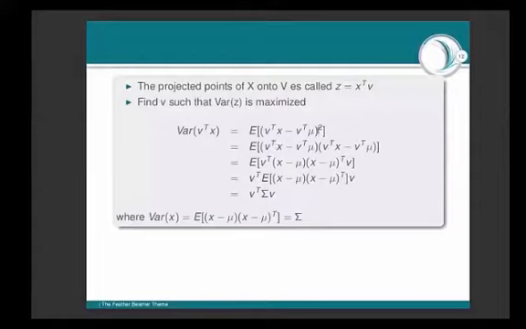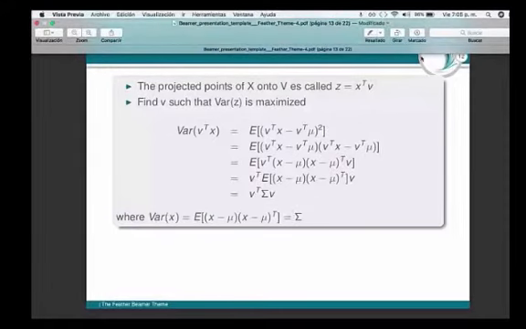Here we open the square factor and here we factorize b and b transpose. Then we apply the expected value, and finally we obtain this equation. Note, the variance of X is given by sigma.